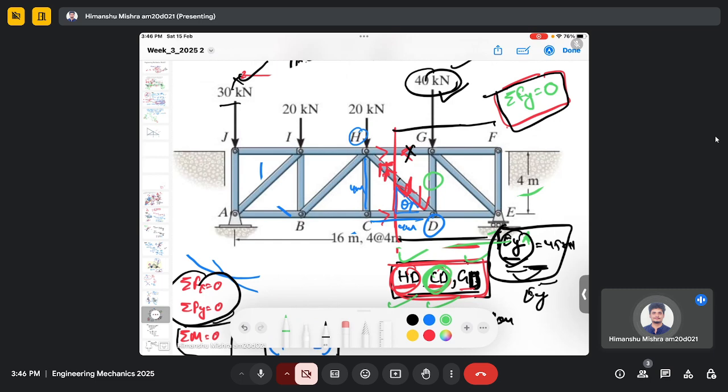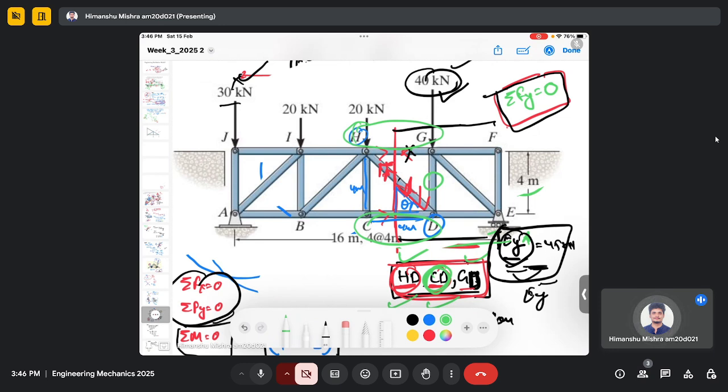If I use the force balance in the x direction, I can't find the force in GD because the force GD is completely in the y direction. If I do the force balance in the y direction again, we actually cannot find the force because we made a cut. So the unknown forces we described are along HG, HD and CD.